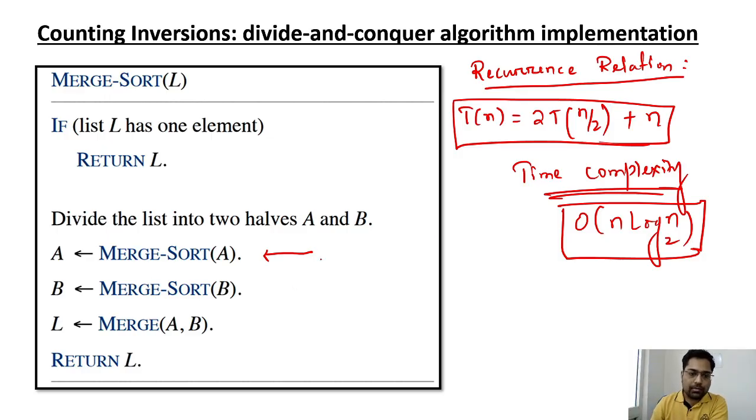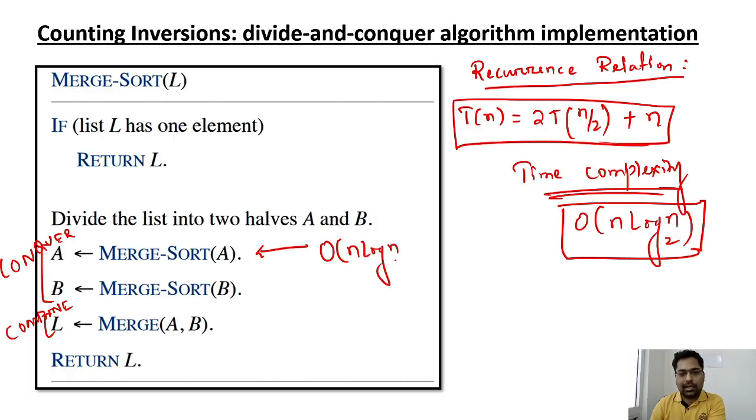More briefly, we do merge sort in equal halves, then we do the merge. Merge is combine. So these are conquer, and this part is combine. The time complexity we have already studied, so we can say it's n log n here, and big O of n here.